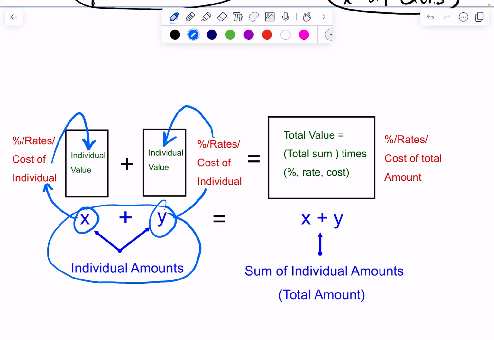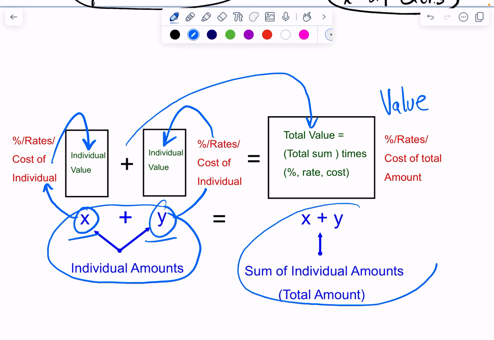Both of those individual values added together give me a total value of what we're purchasing or investing in or building or creating. So that is my value equation. And then the individual amounts, they add up to give you a total sum, a quantity.